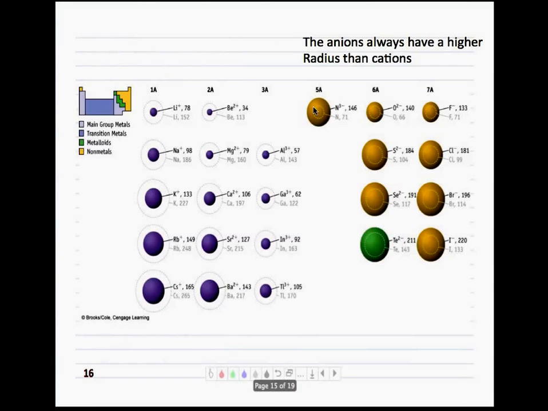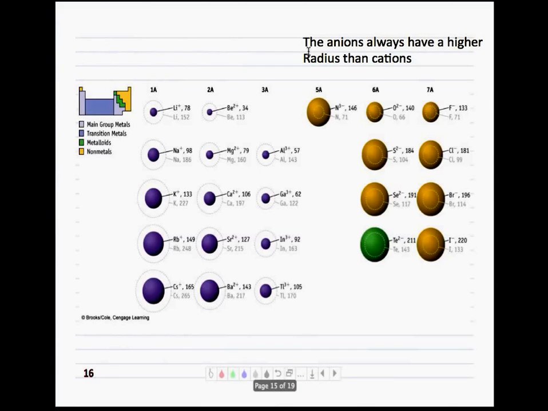And you can look all over this, and the trend is the same. Now, what if I'm comparing the cations together? Like I'm comparing sodium to magnesium 2 plus, to aluminum 3 plus. What did you recognize in there? Let me zoom in a little bit.